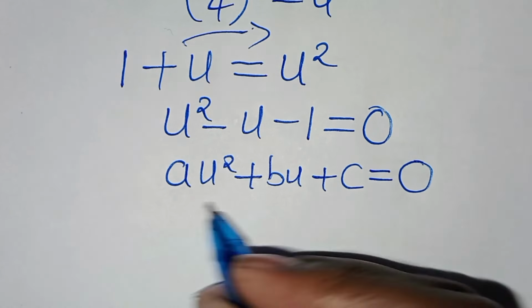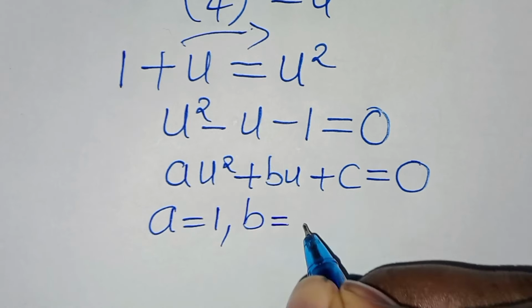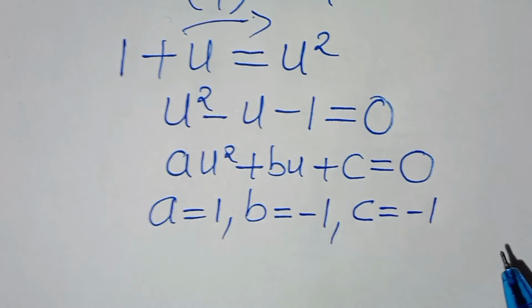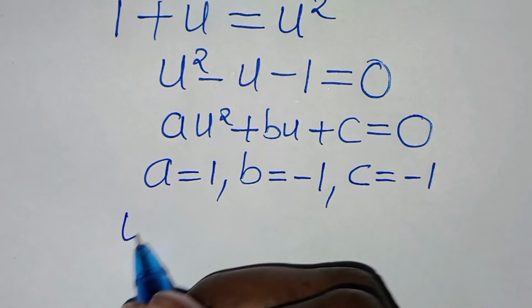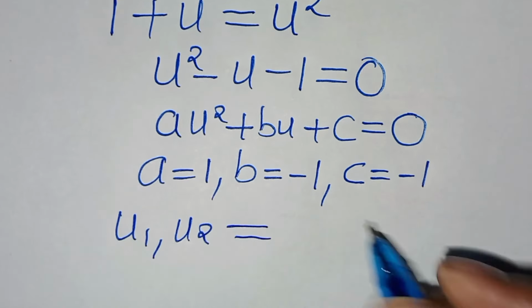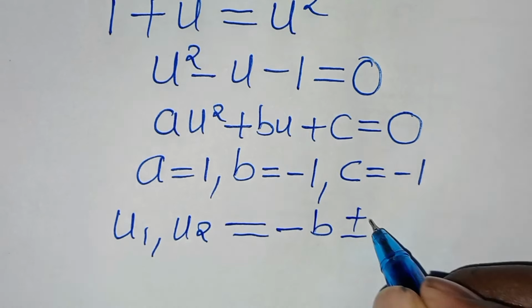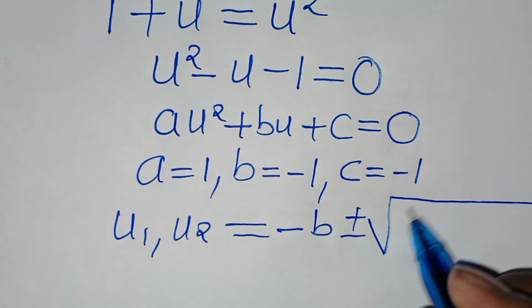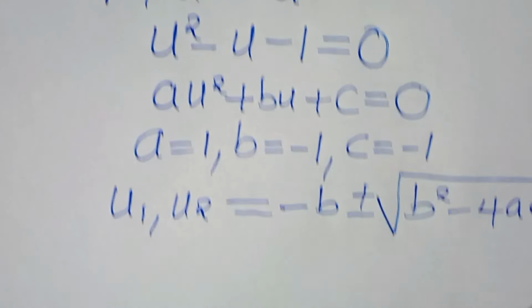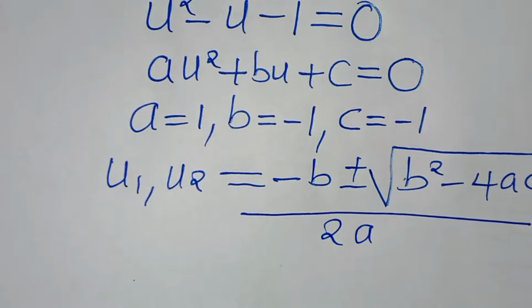From this quadratic equation, a is equal to 1, b is equal to minus 1, and c is also equal to minus 1. Let's solve for u1, u2 by applying the quadratic formula here, which is minus b plus or minus the square root of b squared minus 4ac, everything here divided by 2 times a.